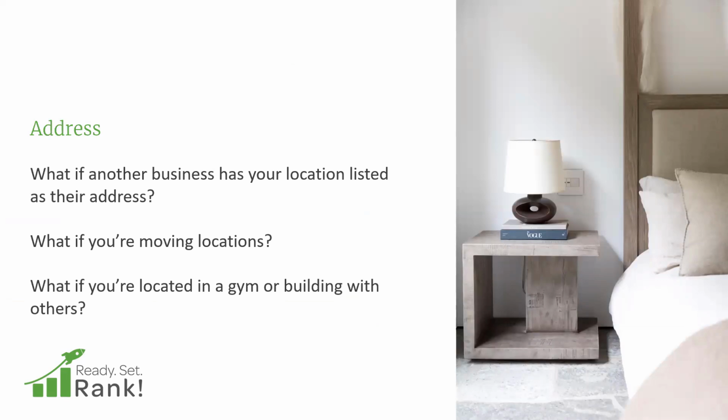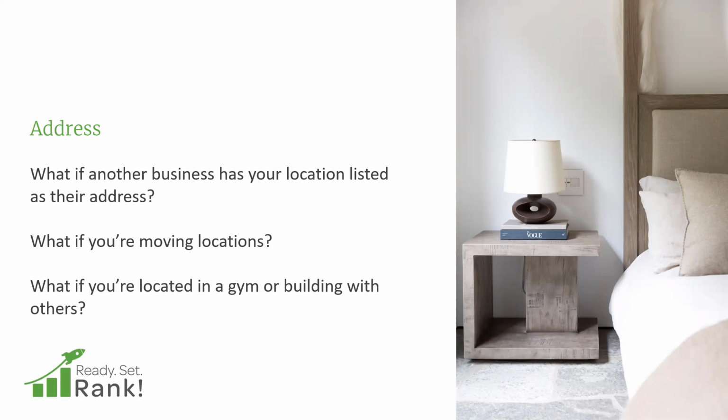Your address. If another business has your location listed, you want to make sure that you have the ability to use your address. So sometimes this might mean that you have to have the listing of Suite A or Suite B, but we want to make sure that the location listed is your actual address and that you have the rights to use that address.